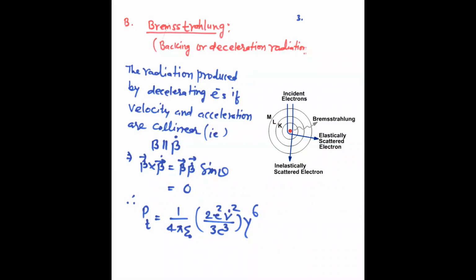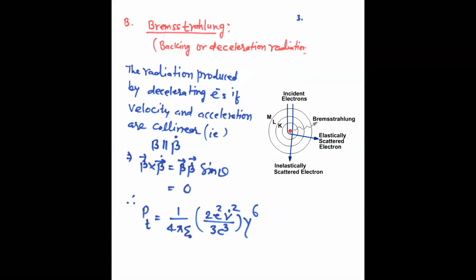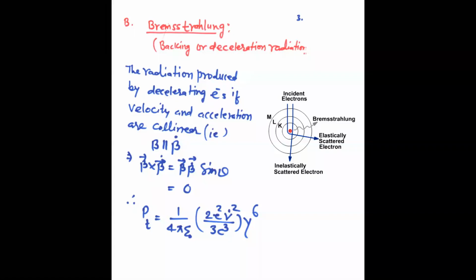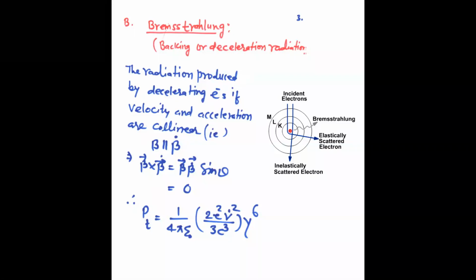So X-rays are nothing but electromagnetic radiation which is produced by the decelerating electron, or the particle whose acceleration is continuously decreasing.